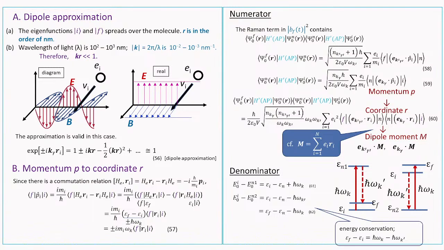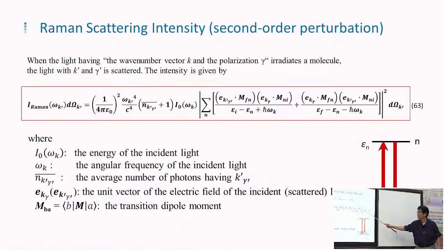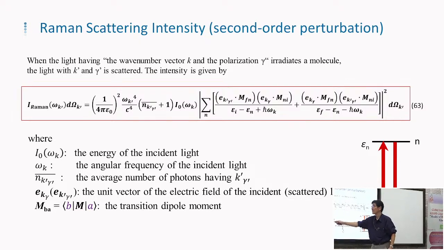M is introduced by replacing momentum with coordinate, then with the dipole moment M. And the dipole moment M appears as an inner product with the polarization vector e_k'γ', or the inner product with e_kγ. It appears here. And there are two terms because there are two intermediate states, n1 and n2.